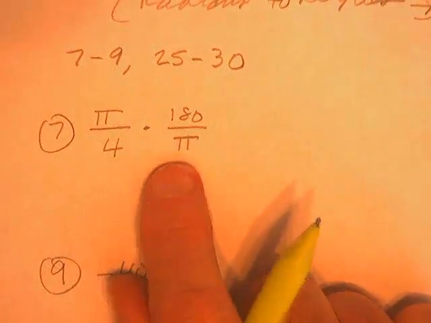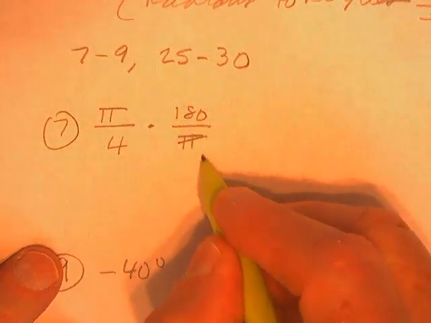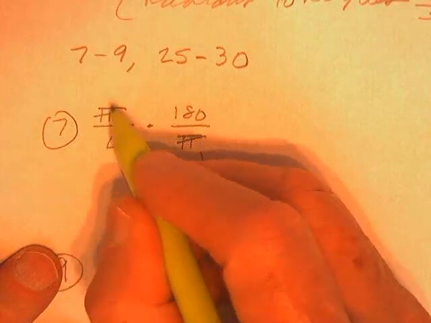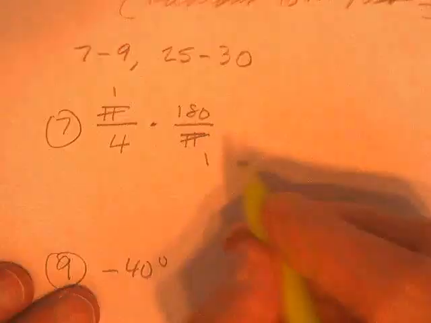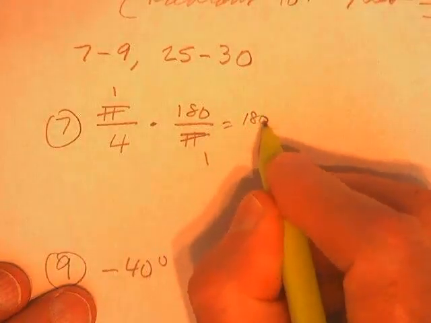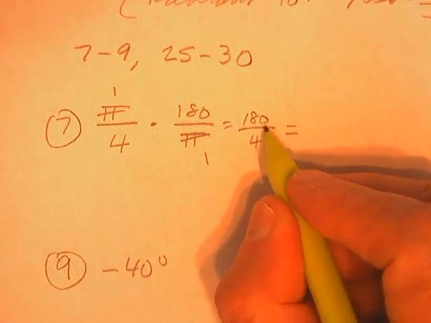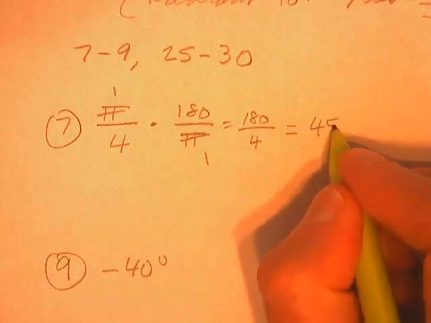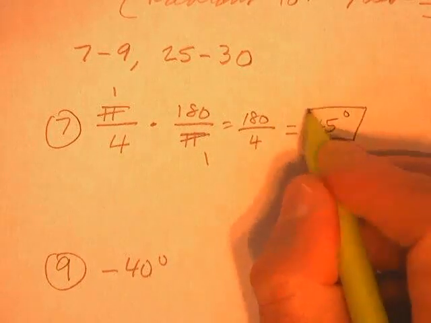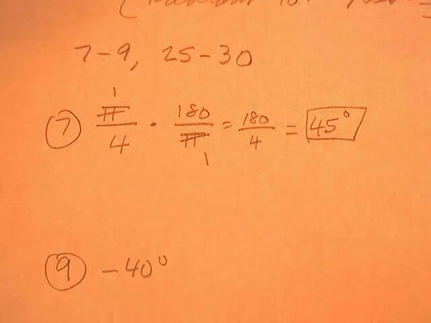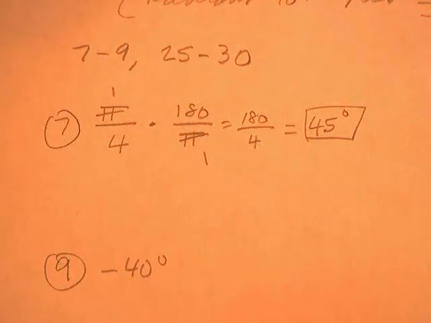Because if you see one in radians, look here, this little pi goes into that little pi once. And so in degrees, this would be 180 cut in 4 pieces. Well, that's half twice. This is going to be 45 degrees as the answer. Just reduce that, and you would get 45.